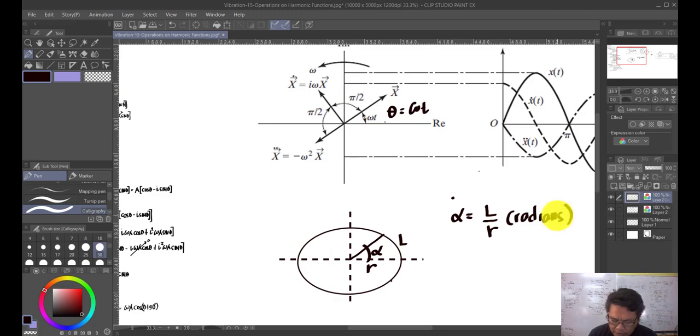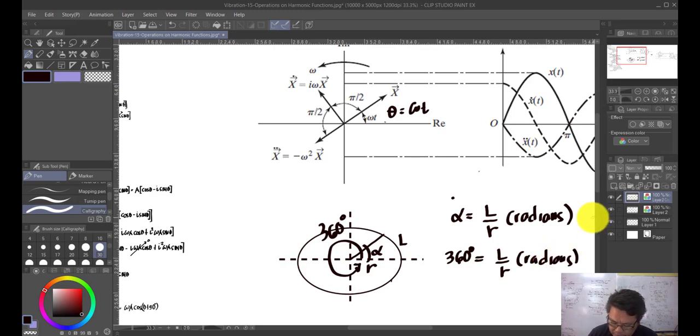Now if my vector rotates through 360 degrees, I just have to substitute it here. I have 360 degrees, which equates to the length of the arc divided by r.